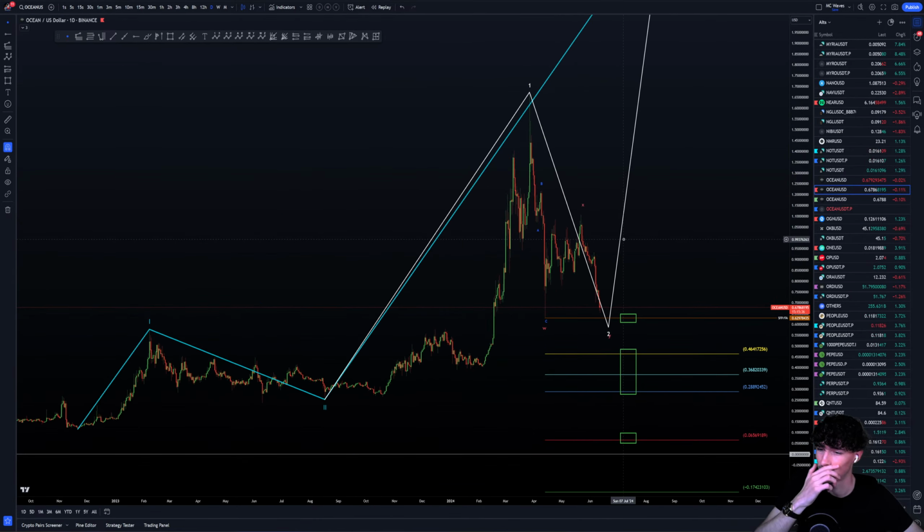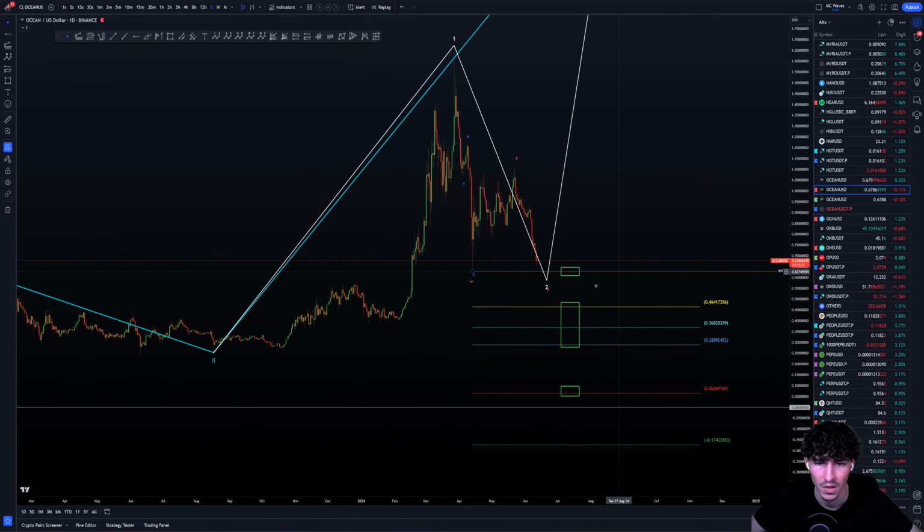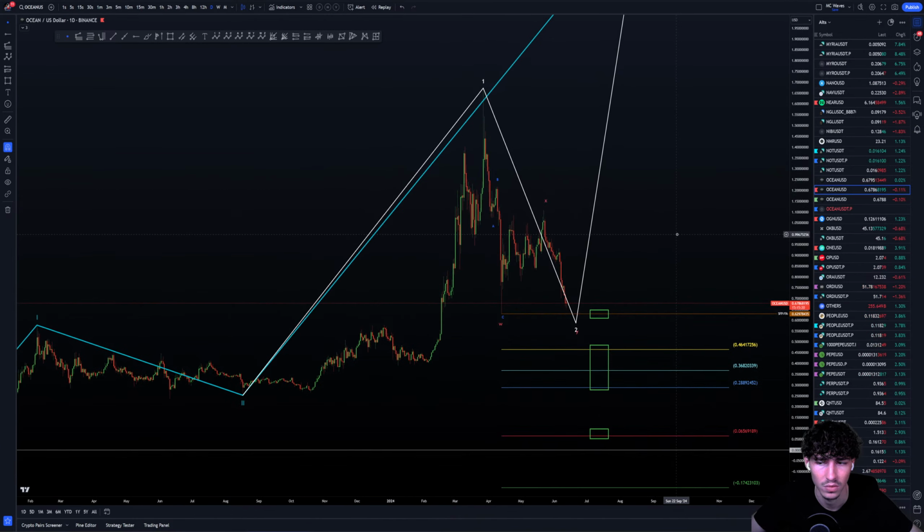And again, if we have to make a longer wave too, for example, we can make a longer X wave again with, for example, a double XY, a bigger one into the X wave, an ABC flat, all of this. But for now, let's keep it simple with Bitcoin. Double XY, that's it. And these are the targets if we have to go lower, really.